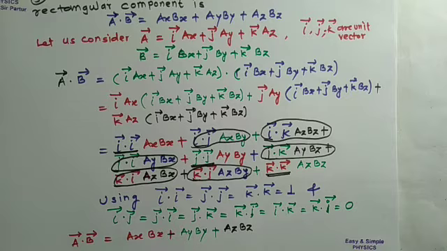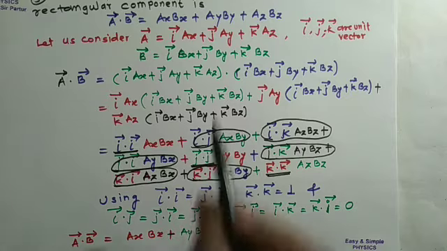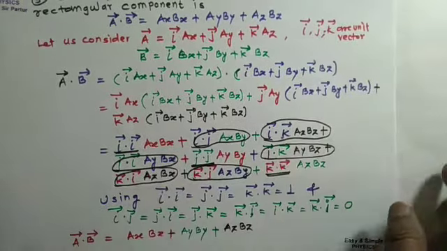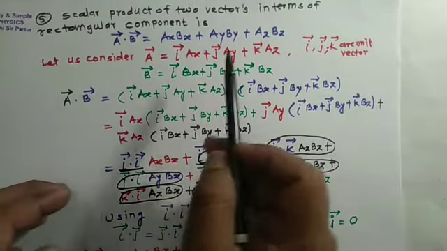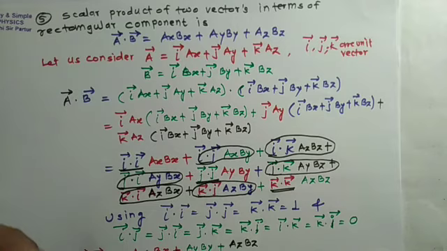So we can prove the scalar product of two vectors in terms of rectangular components: vector A dot vector B equals AxBx plus AyBy plus AzBz.